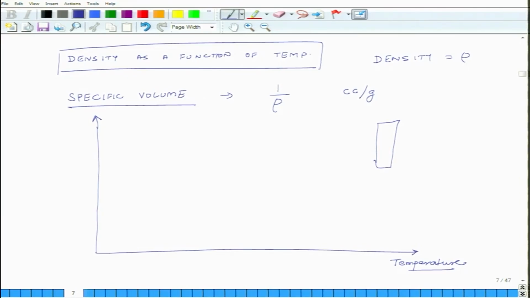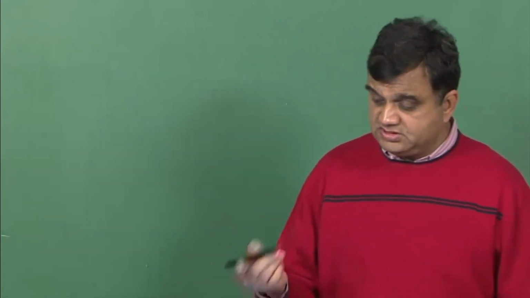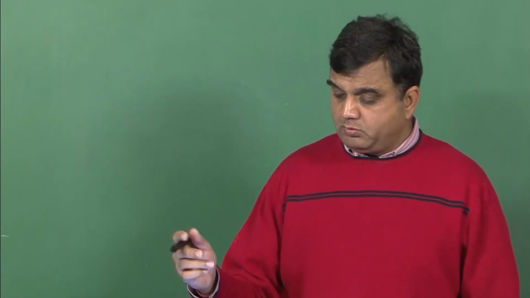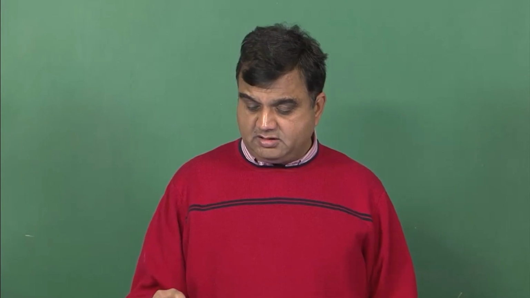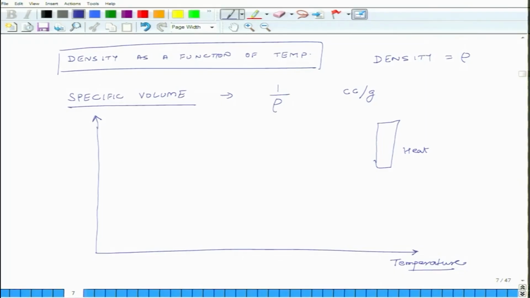This could be either semi-crystalline or amorphous, and we are heating it up and seeing how its specific volume changes. How do we figure out the specific volume? As we heat it, its mass is not changing, but its volume keeps on increasing. So I measure the volume and divide it by its mass, and then I get 1 by rho.